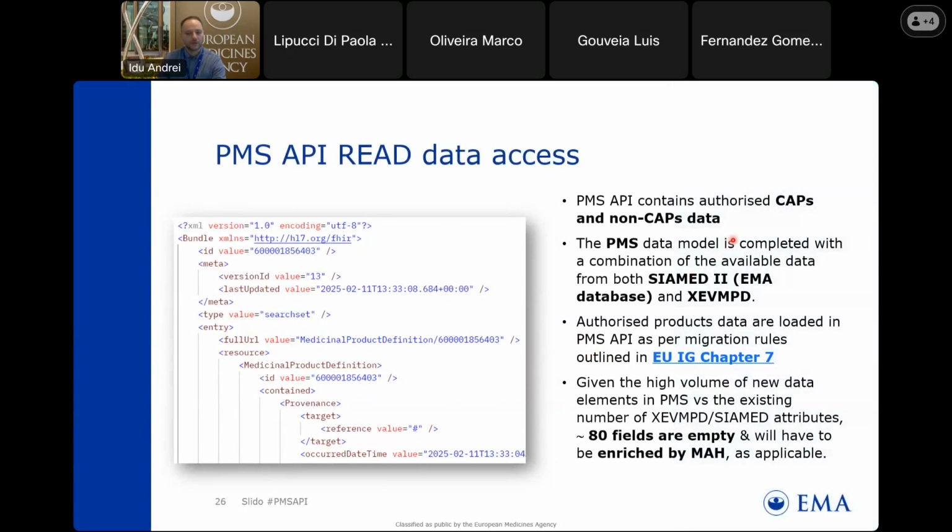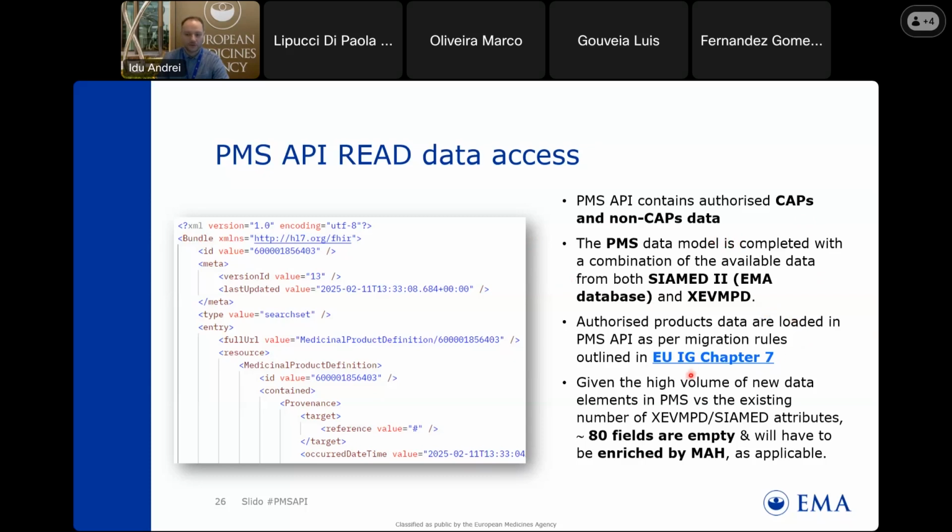What data do we have in PMS? I think Veronica also summarized this, but I'll recap. We have data for centrally authorized products and non-centrally authorized products, and we have loaded that data through integrations from the SIAMED system and XCV-MPD. SIAMED is the regulatory process management system at the EMA, and XCV-MPD is the medicinal product dictionary for vigilance.